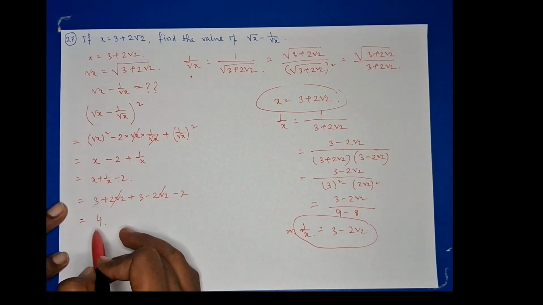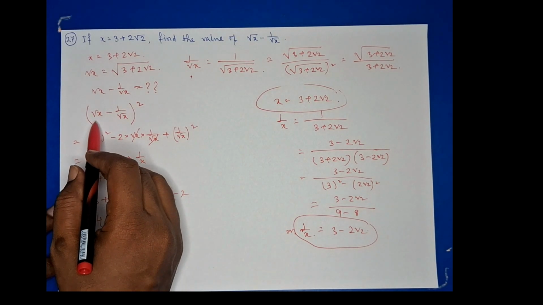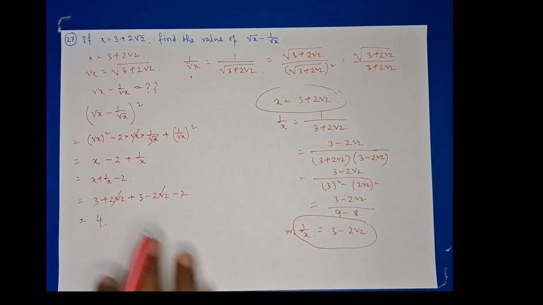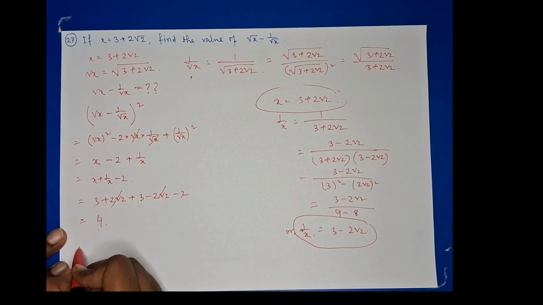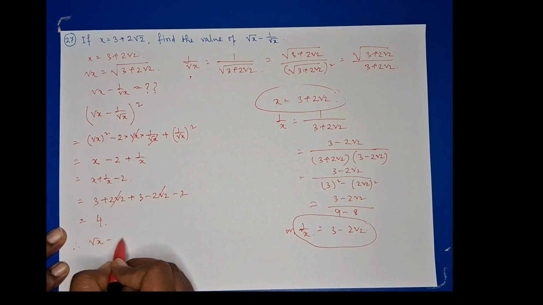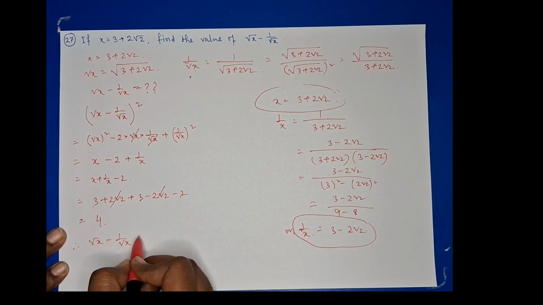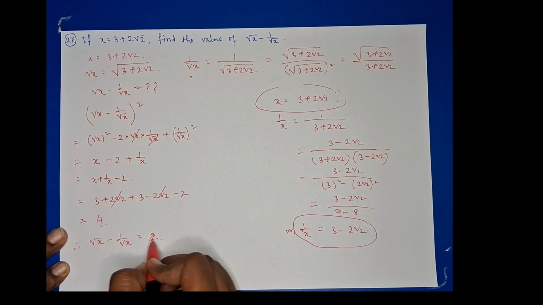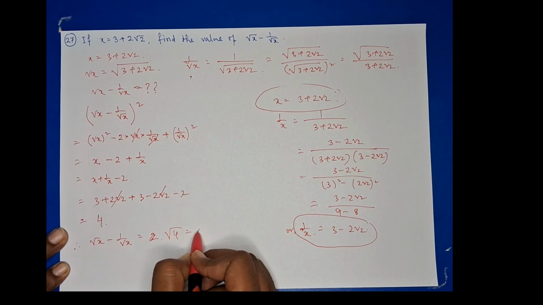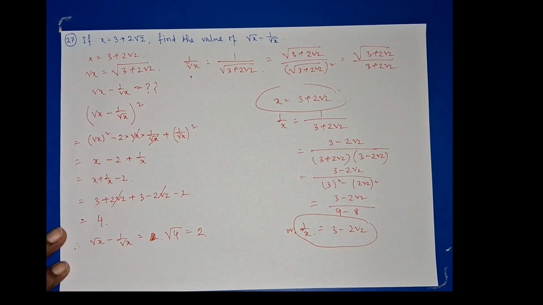Okay, and now what is this? 4 is equal to square root of x minus 1 by square root of x whole square. So now what is square root of x minus 1 by square root of x? This is equal to 2. I mean, we can write square root of 4 is equal to 2. Okay, we have found the value.